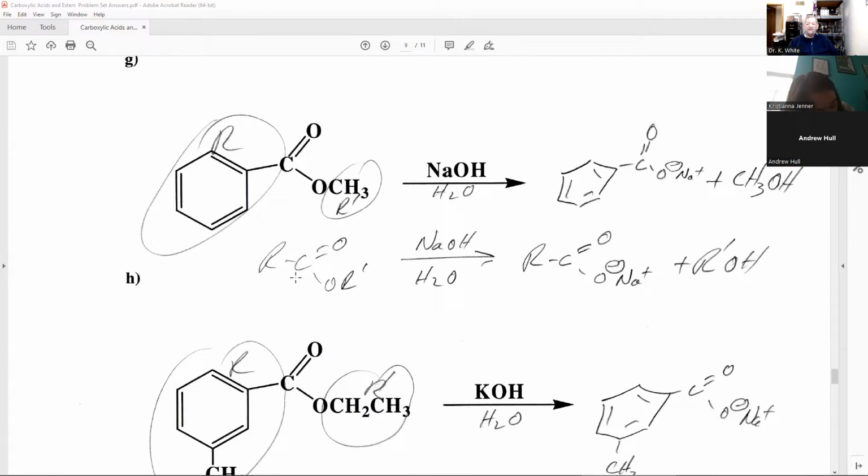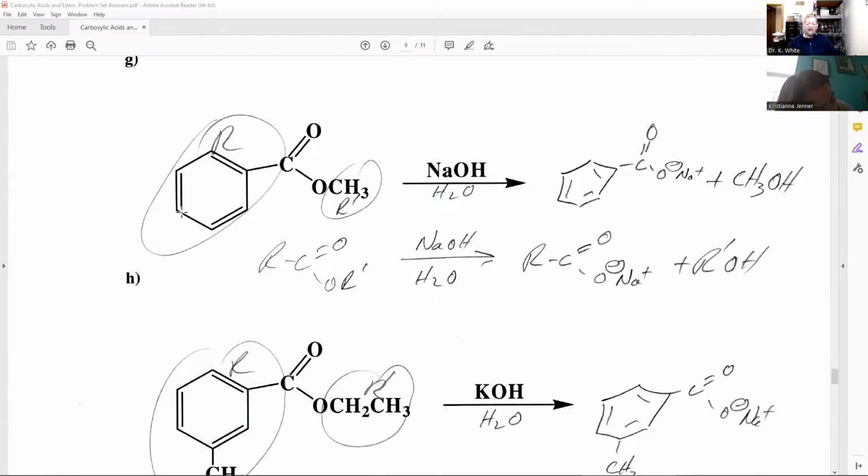But we have an ester, base, and water. You get back not the carboxylic acid you would have used to make that ester, but the carboxylate anion of that carboxylic acid. And why is that so? Because the carboxylic acid is acidic and in base forms a carboxylate anion, but you also get the alcohol.